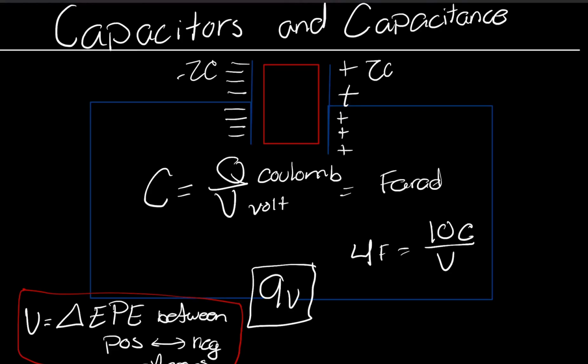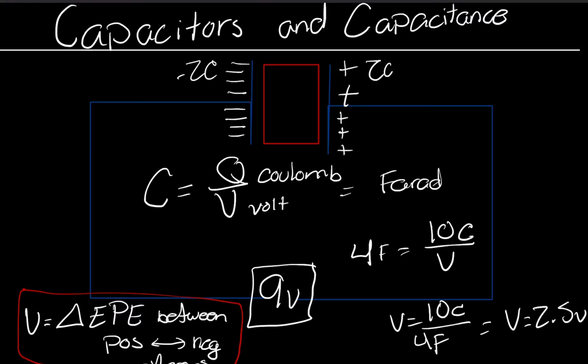I'm going to give you guys just 1 second. It's really simple. We just say that voltage is equal to 10 coulombs over 4 farads, I'm sorry. And what we're left with is a voltage of 2.5.